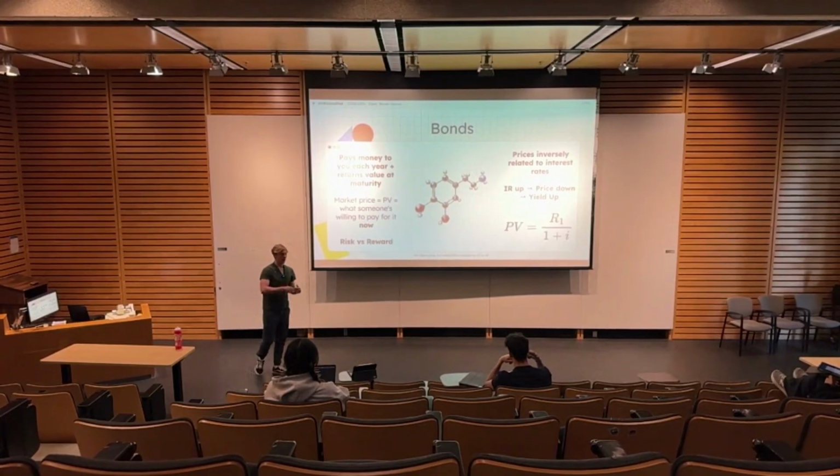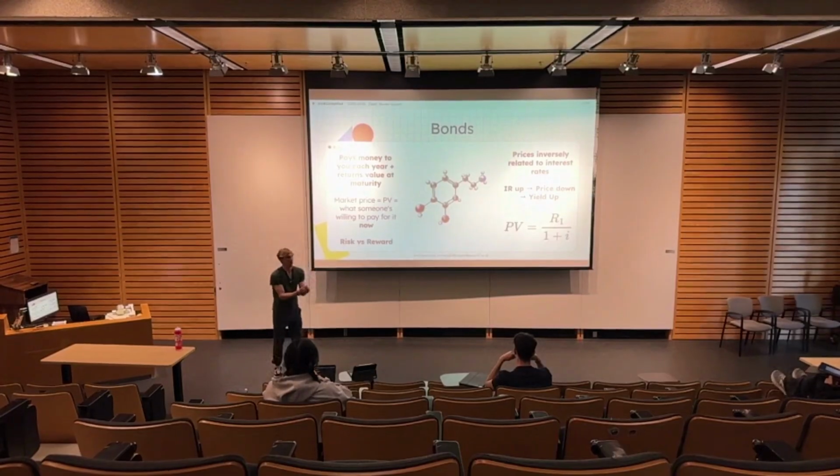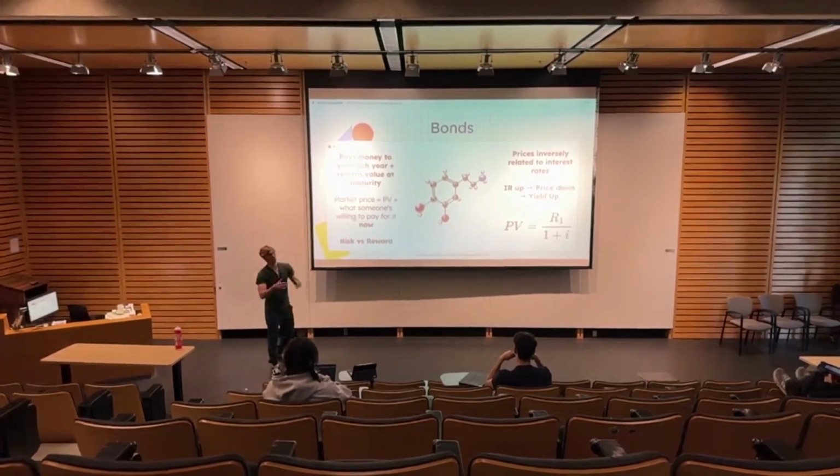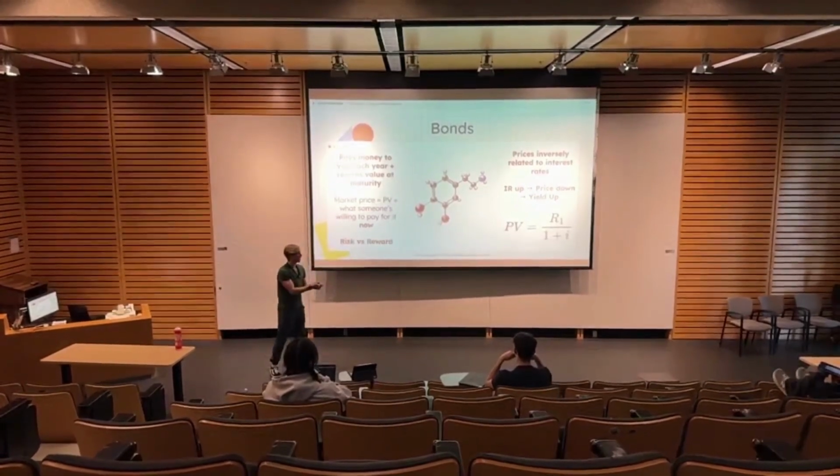So as interest rates increase, the yield of new bonds being released is going to increase, which means that the prices of current bonds are going to go down. So interest rates go up, the current bonds look less valuable, and because they look less valuable, there'll be less demand for them, so the prices will drop. And because the prices drop, the total yield you get, which takes into consideration your purchase price, will go up.